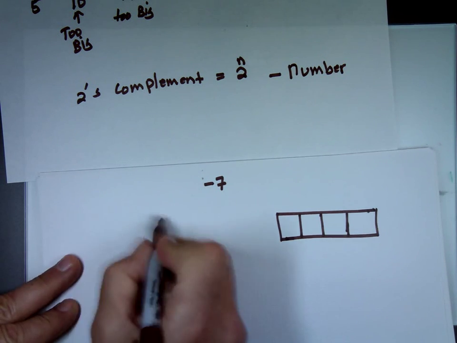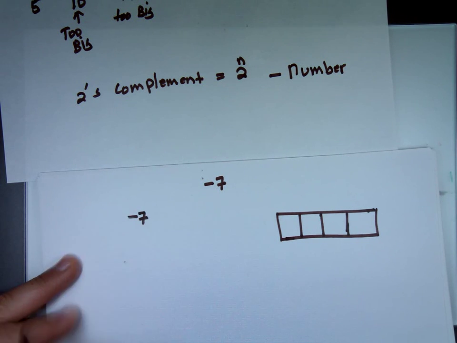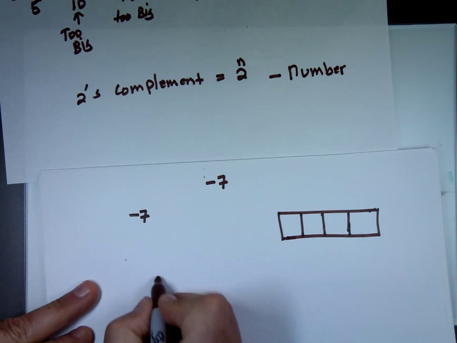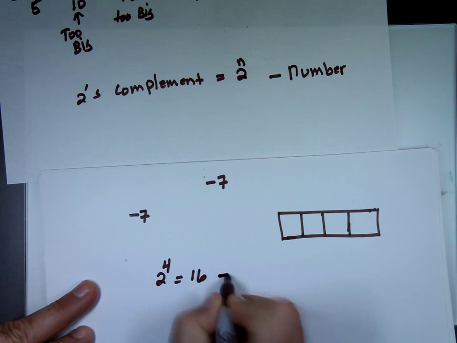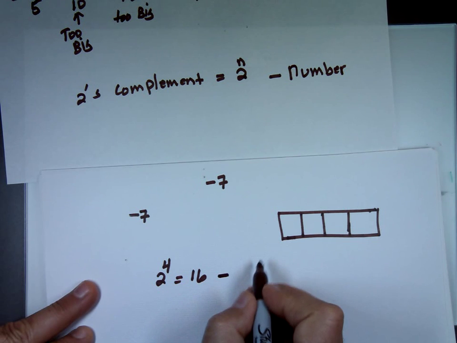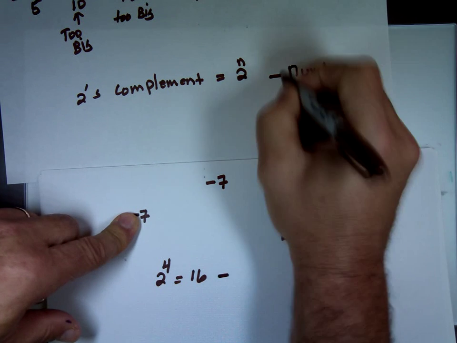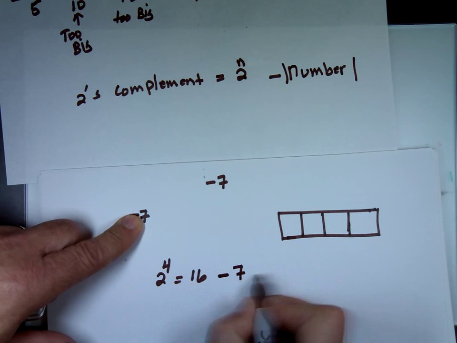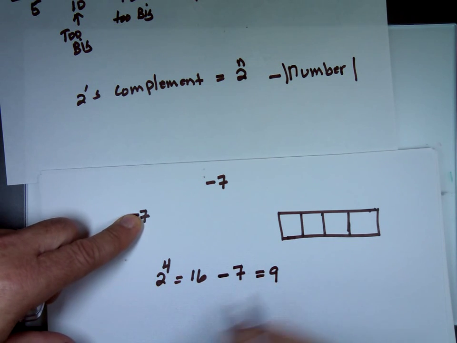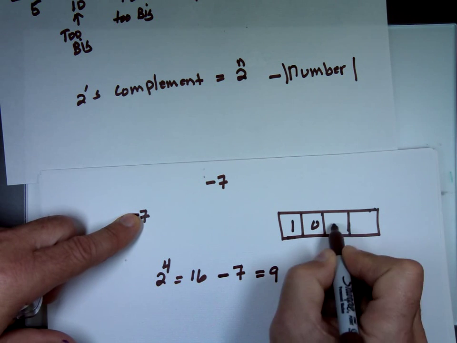So how would I write minus 7? All right, guys, 4 digits. What's 2 to the 4? That's 16. 16 minus the absolute value of the negative 7, which is a 7. What's 16 minus 7? 9.